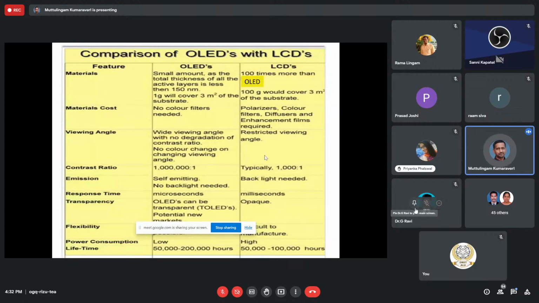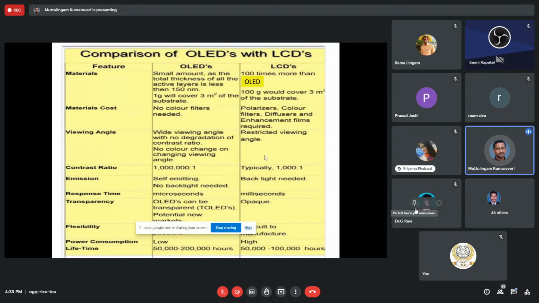But in OLEDs, we just use the light emitting unit. The thickness is only 150 nanometers maximum, and we use the cover and the backplane. And on view angle, you can see the pictures from any side without any color changes.